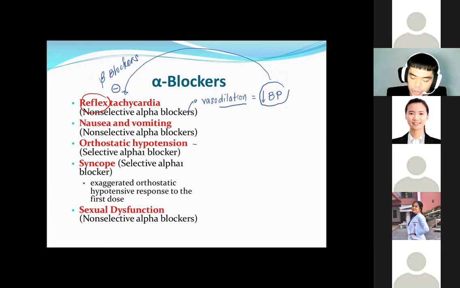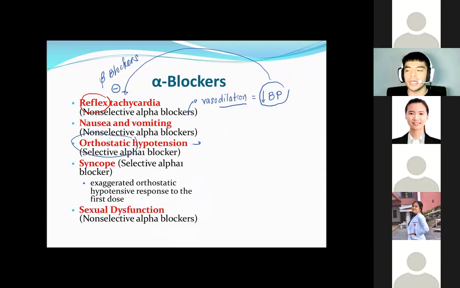Also, we have orthostatic hypotension. So what do we mean by orthostatic hypotension? Ang orthostatic hypotension, that is lowering of blood pressure, pero ang usual cause ay whenever you change body position. For example, pag ikaw ay nakahiga, pag ikaw ay nakaupo, nakatayo, tumatakbo, nakatihaya, nakabaliktad, iba-iba ang blood pressure mo doon. Okay?